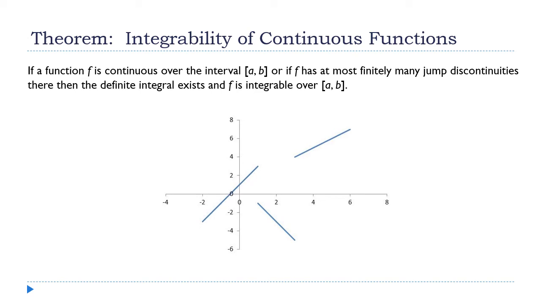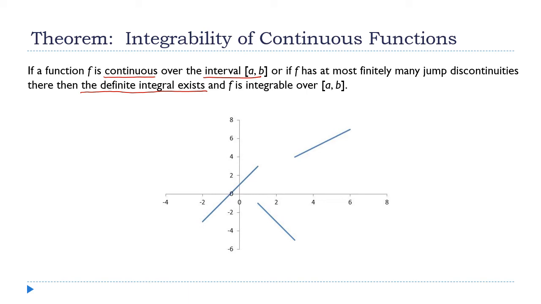If a function is continuous on this interval, or, and I'm going to come back to that or in just a minute, so let's skip the or for a second. If a function is continuous over the interval from a to b, then the definite integral exists. So continuity is a guarantee. If our function is continuous, we know that this limit exists, and we can find the area.